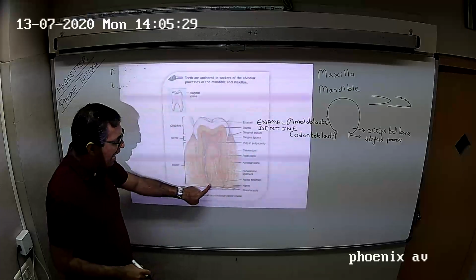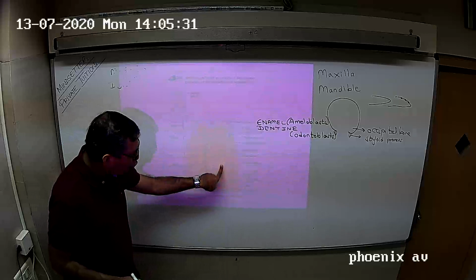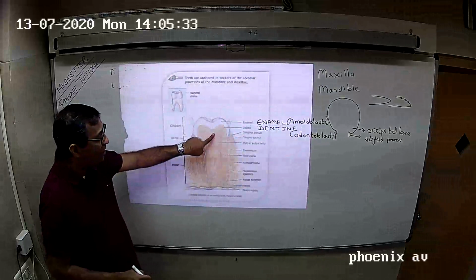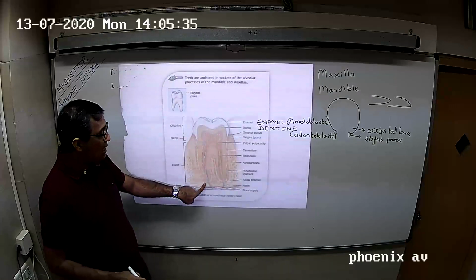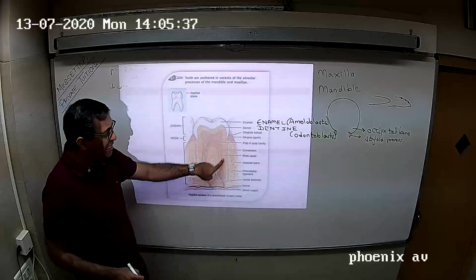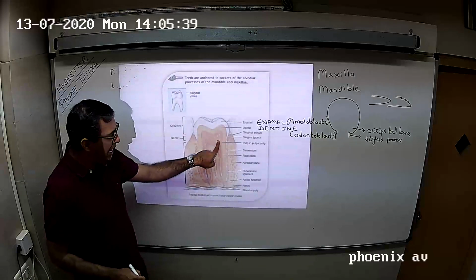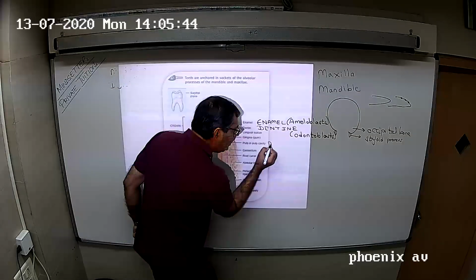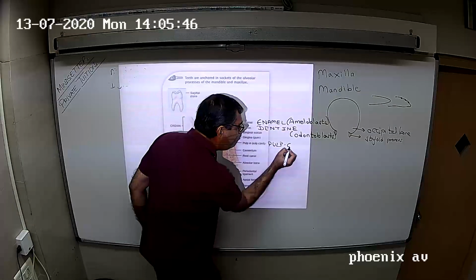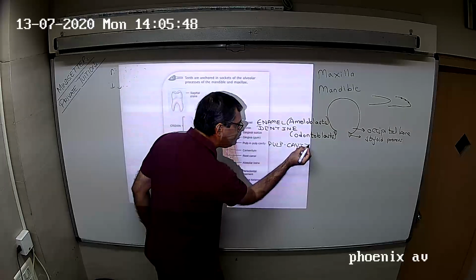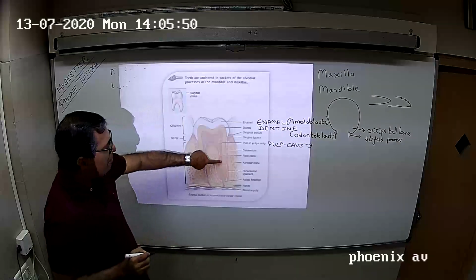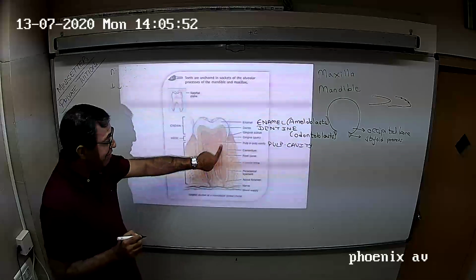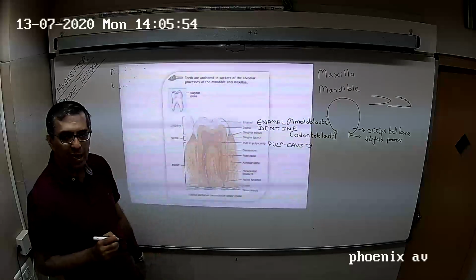In the pulp cavity there are lots of blood vessels and nerves. Nerves and blood vessels हैं आपके इस cavity में, इसे pulp cavity कहते हैं. So pulp cavity is full of blood vessels and nerves.